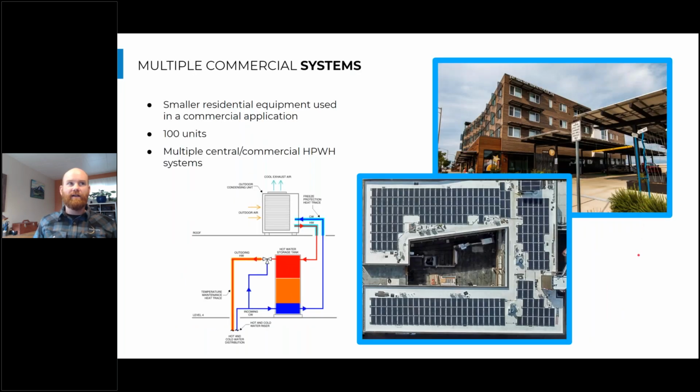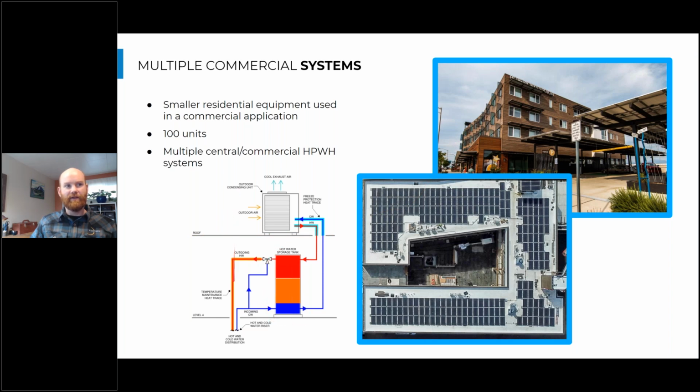And then once again, I alluded that we can have multiple commercial central systems. It doesn't have to be one central system for a building. And so at HopeWorks Apartments, we located heat pumps on the roof. We have our little conceptual diagram here and a storage tank below.